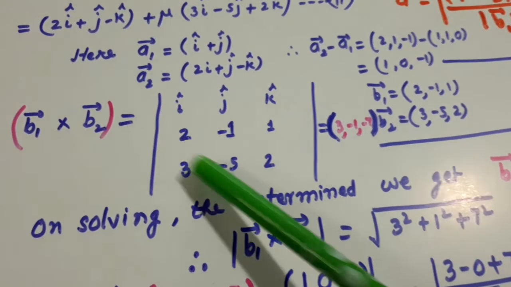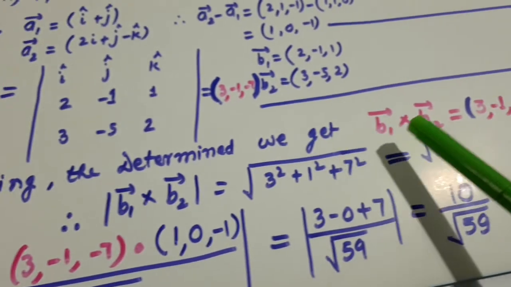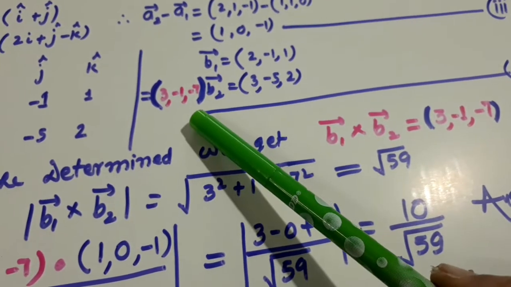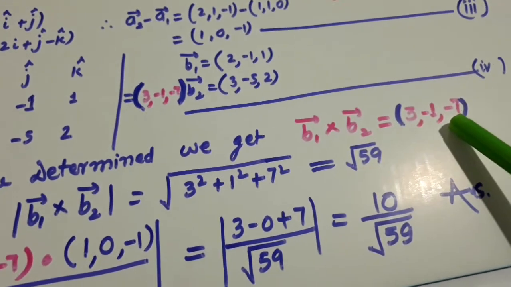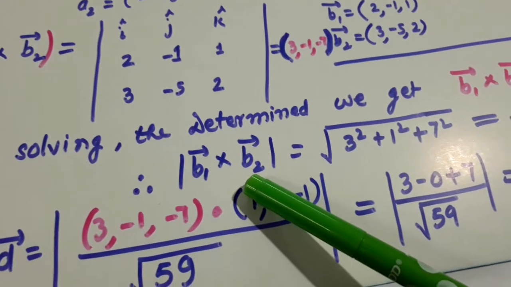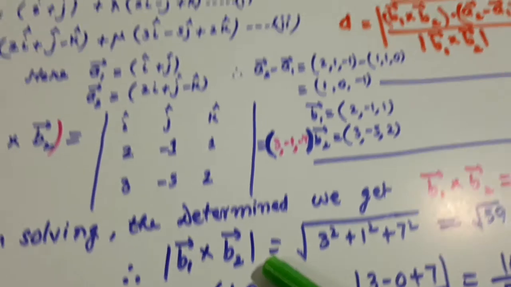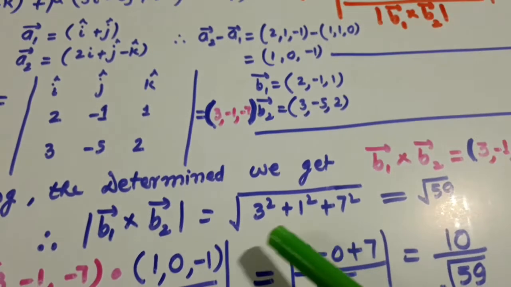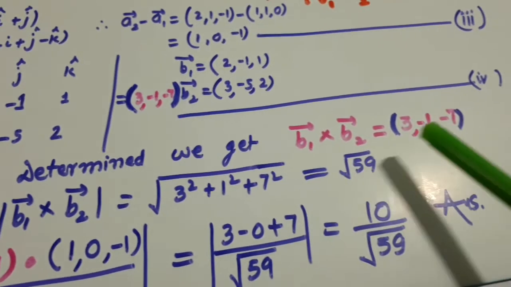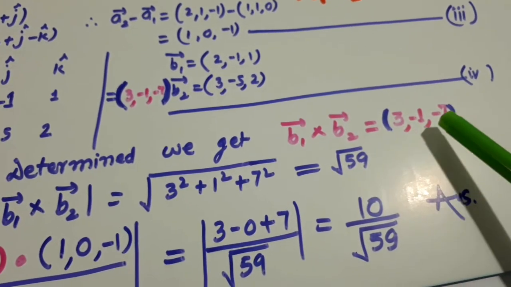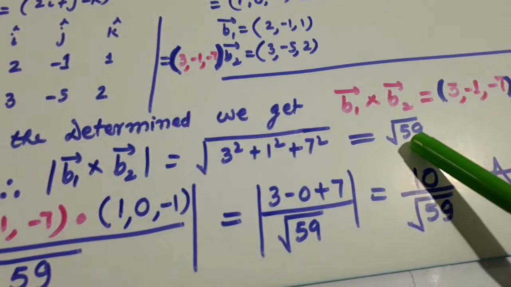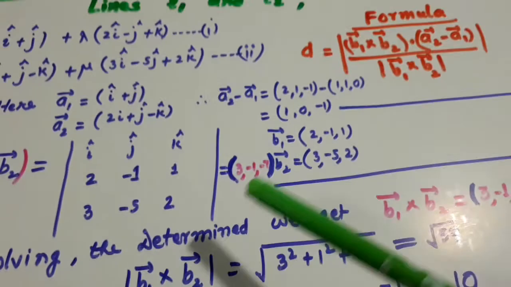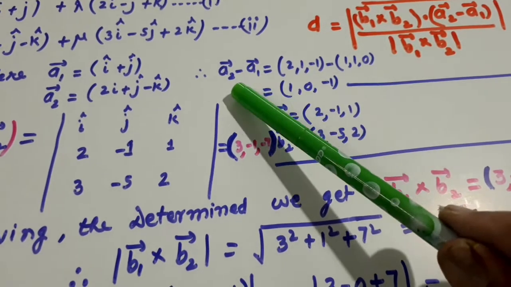On solving this, we get b1 cross b2 equal to 3i minus j minus 7k. Why are we calculating the magnitude? Because we have to put it in the formula. The magnitude is the square root of 3 squared plus 1 squared plus 7 squared, which is root 59.